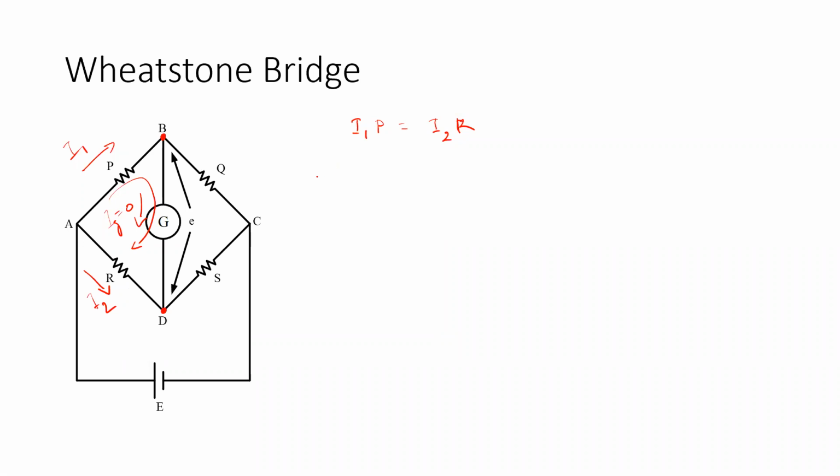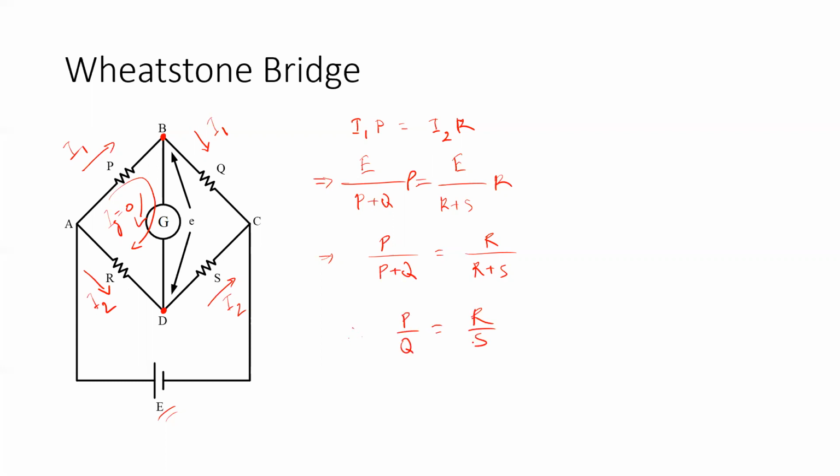Now, as the current flowing through the galvanometer is 0, the same current I1 will pass through this resistance Q, and the same current I2 will pass through this resistance S. So the expressions of I1 and I2, we can replace by the voltage source E divided by the overall resistance in the path, that is E divided by P plus Q, and for this case E divided by R plus S. This will lead us to this relationship among the resistances, from which we can finally get the relation between the four resistances.